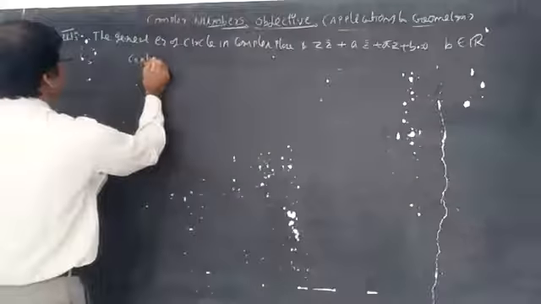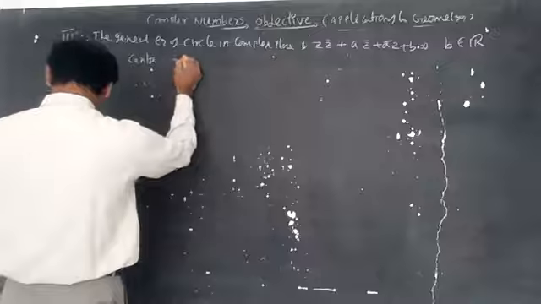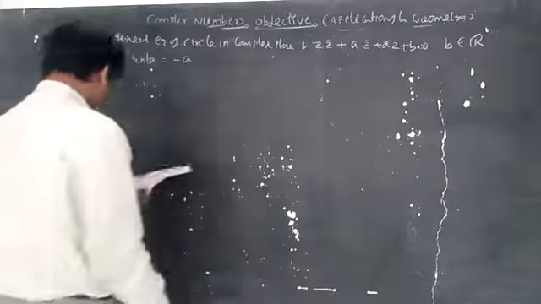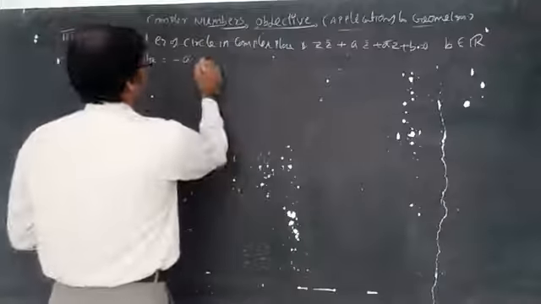The center of such a circle is equal to minus a.